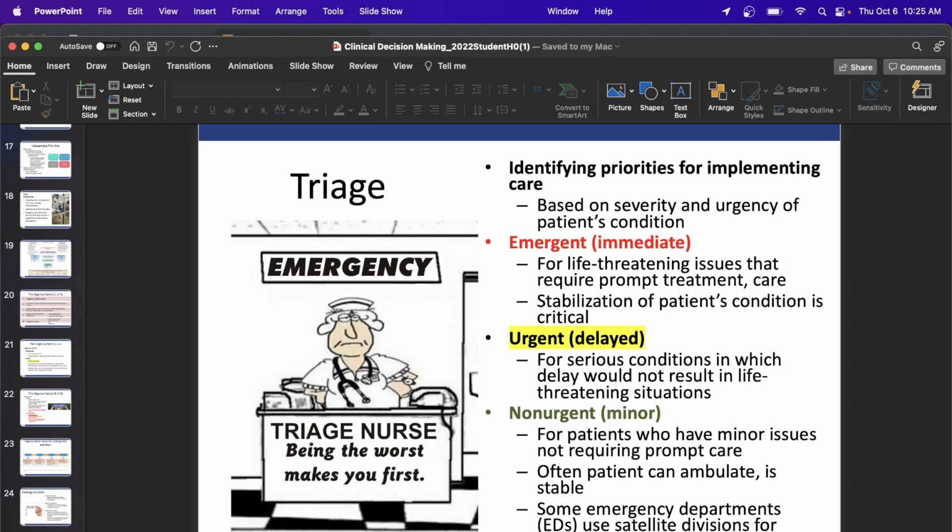Non-urgent is the minor stuff. So in the emergency departments at most of our healthcare institutions, they have an area called all different things, but basically like a quick turnaround area. So it's designed for conditions that are not high level, the person is stable, and they have an expression in the ED they use, I hate it, but they do use it, treat them and street them, right?